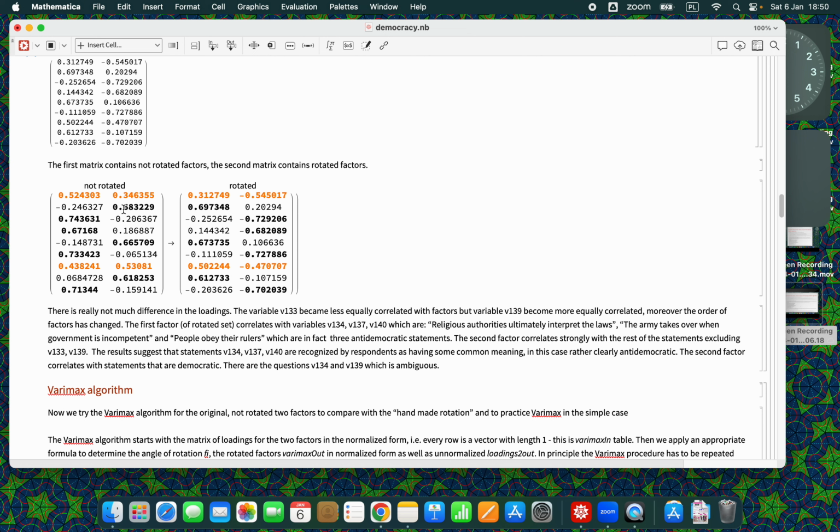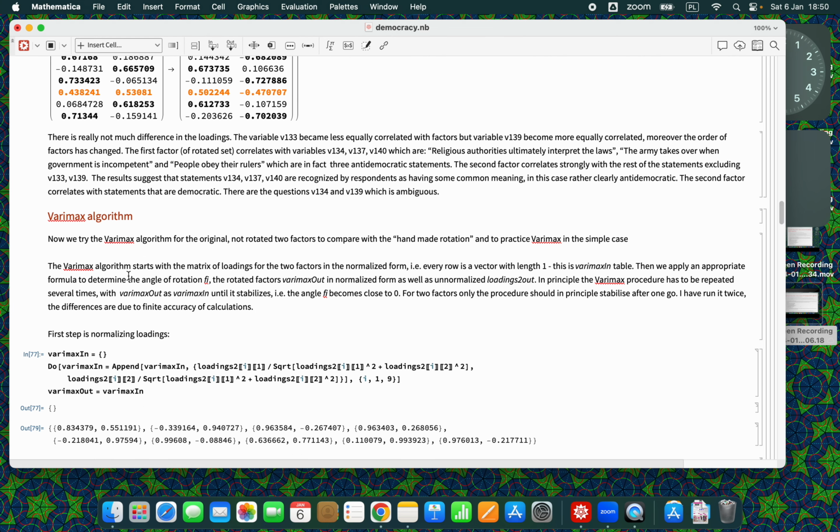So this second variable here says that religious authorities ultimately interpret the laws. This variable here says that army takes over when government is incompetent, and this variable says that people obey their rulers. So these are rather anti-democratic. The boldface variables are rather democratic, and there are those two ambiguous variables that have something to do with money, and they are not really associated to one of the factors.